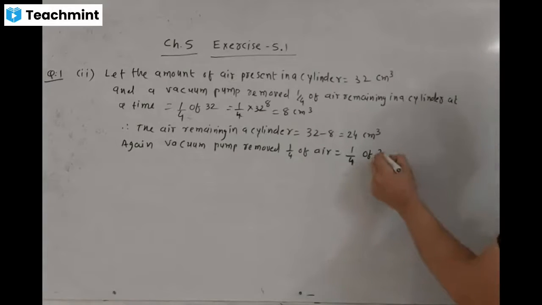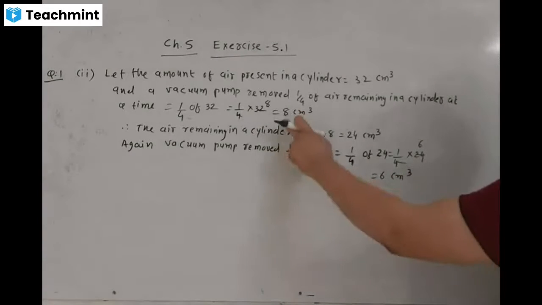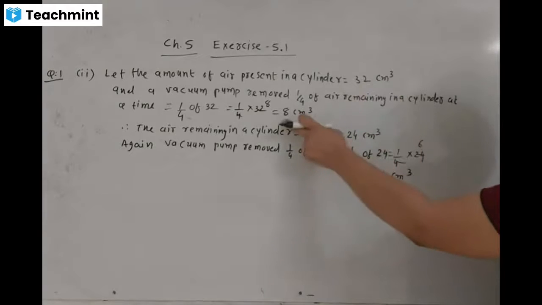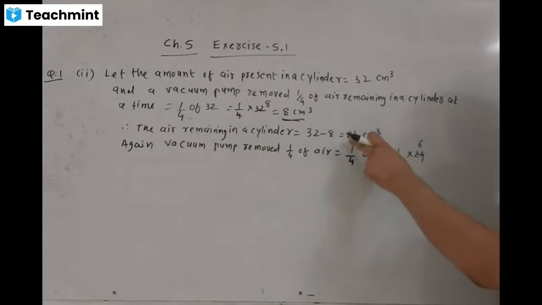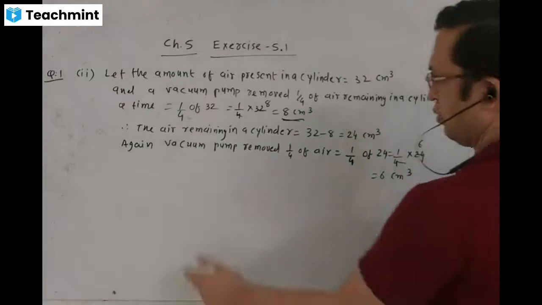So 1/4 of 24, that is 1/4 multiply 24, is equal to 6 centimeter cube of air removed. The first time, 1/4 part of the air was removed, that is 8 centimeter cube. The second time, 1/4 of the air inside, that is 6 centimeter cube, is removed.